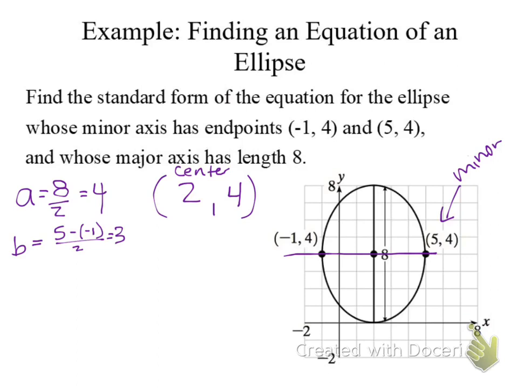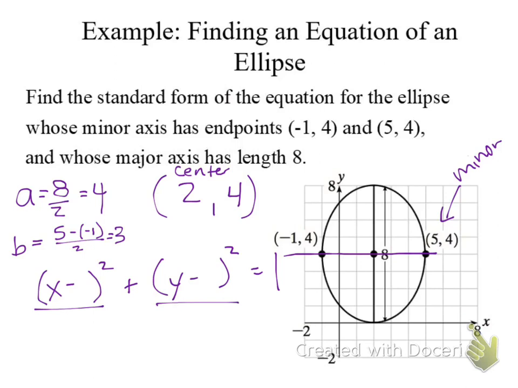Okay, so I already have A and B and my center, so because of that, I can already write this formula. So I'd have x minus squared, I'm just going to leave it blank for the pieces we need to fill in, plus y minus squared equals 1. You divide both of those. So remember, A goes with the direction you're going. So this one's long up and down, so it goes with y.